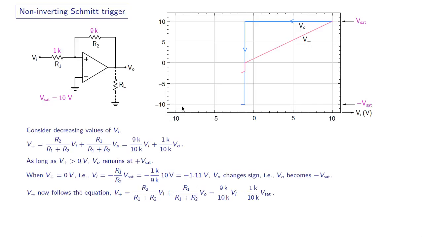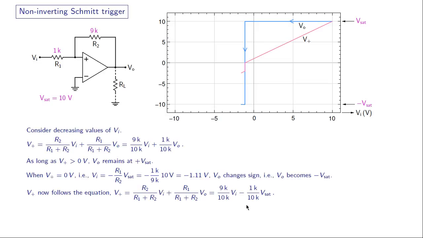And let us now look at the equation that V plus will follow in this region. V plus is given by this expression, same as this one, except now Vo has become minus Vsat. So we have V plus equal to 9 by 10 times Vi minus 1 by 10 times Vsat.